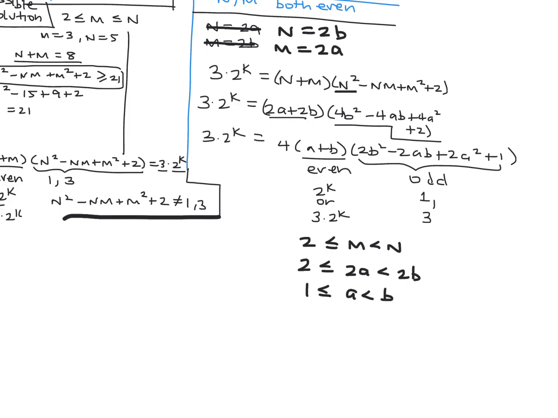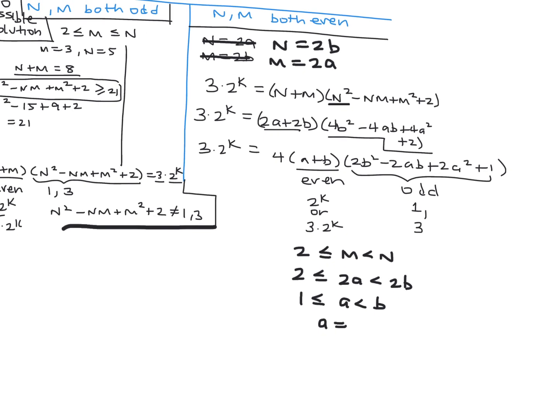Now let's proceed with this, and again use the smallest ones. A, the smallest, they're both even, correct? Yeah, they're both even. So the smallest numbers are a equals 1, b equals 2, and therefore that would make m equal to 2 and n equal to 4. And these of course are both even.